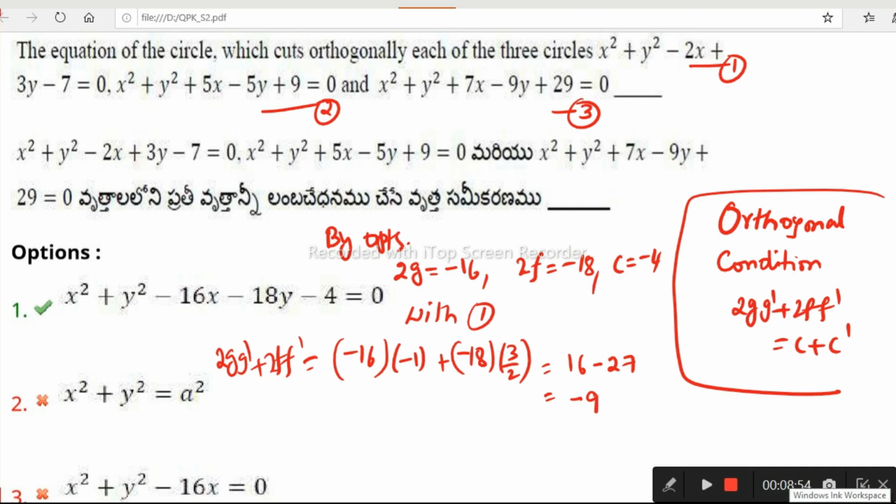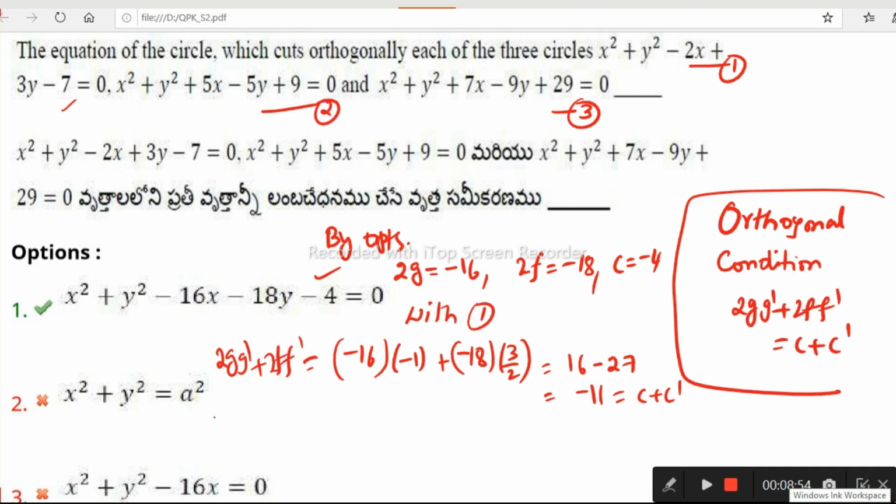RHS ఏంటి మనది ఇక్కడ -4 ఉంది, ఇటు సైడ్ ఏమో -7 ఉంది. -4 -7 = -11 కరెక్ట్. -11, it is equals to c plus c dash అయింది కదా. ఎస్, ఆప్షన్ 1 అనేది ఫస్ట్ సర్కిల్తో ట్రూ అయింది.